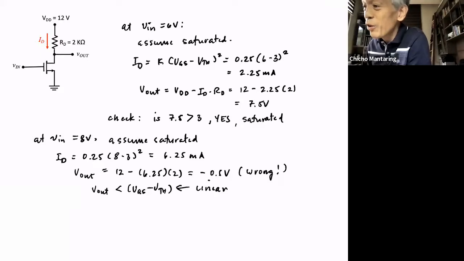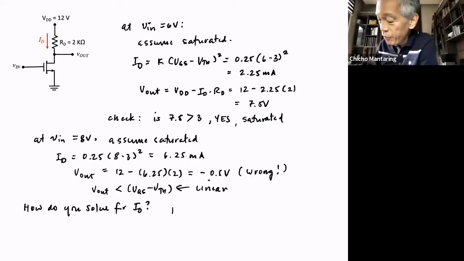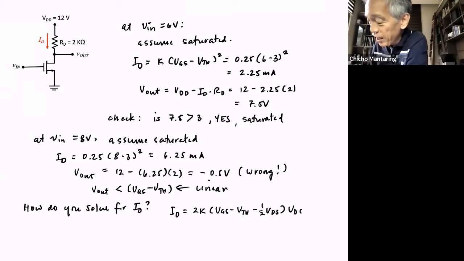Okay? So how do we now solve for I sub D? Because you know that it is linear, you'll have two formulas, no? First, I sub D is equal to 2K times VGS minus VTH minus 1/2 VDS times VDS, no?